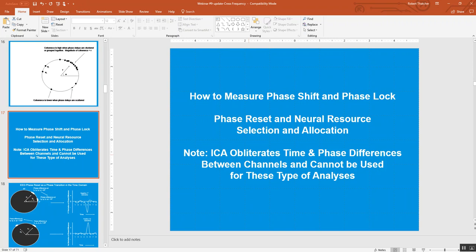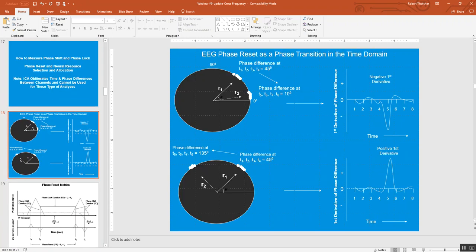And that's done by what's called a phase shift, followed by a phase lock. Overall, phase shift and phase lock are referred to as phase reset, and there's a very extensive literature on this topic in the scientific literature. It's also described in the Handbook of Quantitative EEG and EEG Biofeedback. This explains what phase shift and phase lock is.